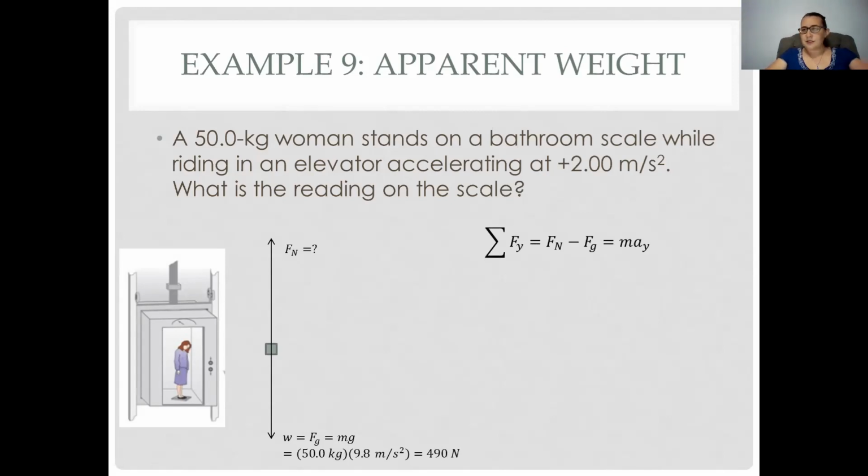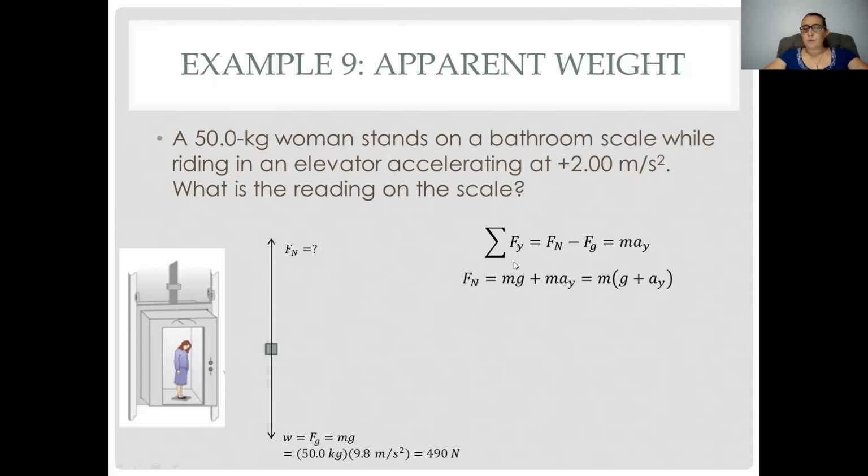So in the y direction, since we don't have any forces in the x direction, we have the normal force pointing up, so that's positive, minus the force of gravity pulling down, negative because it's down, and that equals the mass times the y acceleration. So our normal force, if we move the force of gravity over to the other side of the equation, equals mg plus the mass times the acceleration in the y direction.